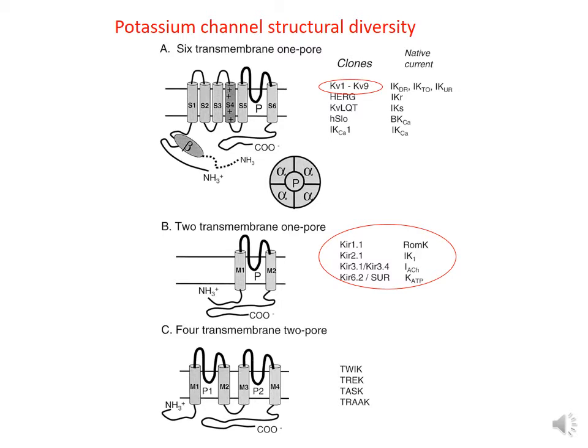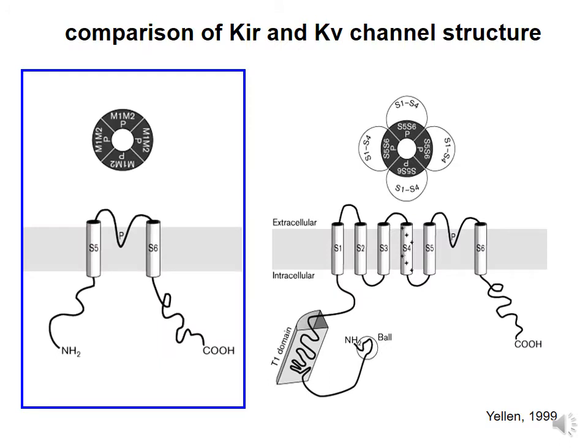Now let's discuss the two transmembrane one-pore type of channels. Those are the KIR channels. If you look at this figure comparing the structure of a KIR and a KV channel, you can see that the KIR channel is much more simplified.